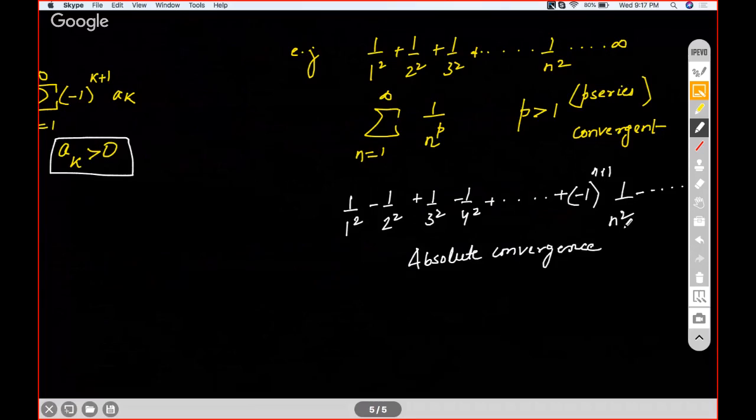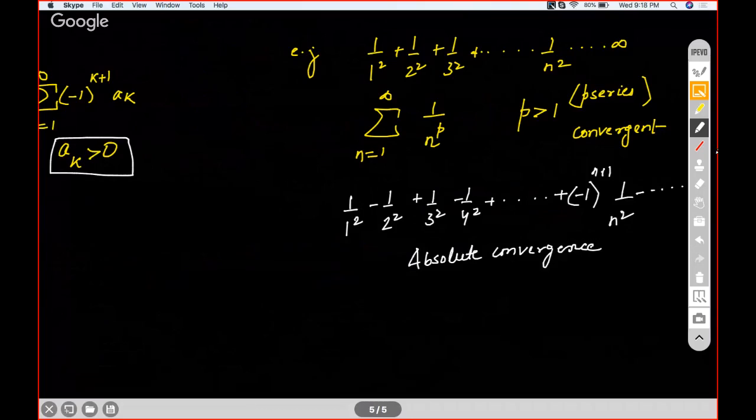Are you getting this point? Even when we evaluated the alternating harmonic series, the sign didn't matter to us at all, even when we solved it. No, that convergence is different.